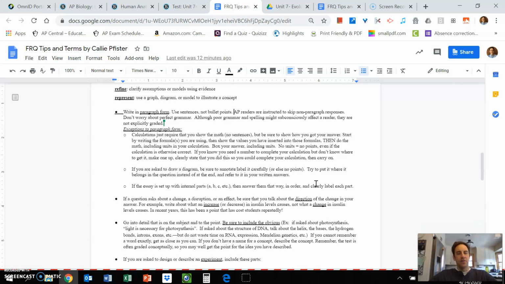But there's no question, having myself graded many essays, that when I see one that's A, here's my answer, B, here's my answer, it's way easier for me to find the answer I'm looking for, and you want it to be easy for your grader to find your answer. So again, complete sentences, and break things apart into A, B, C as appropriate.